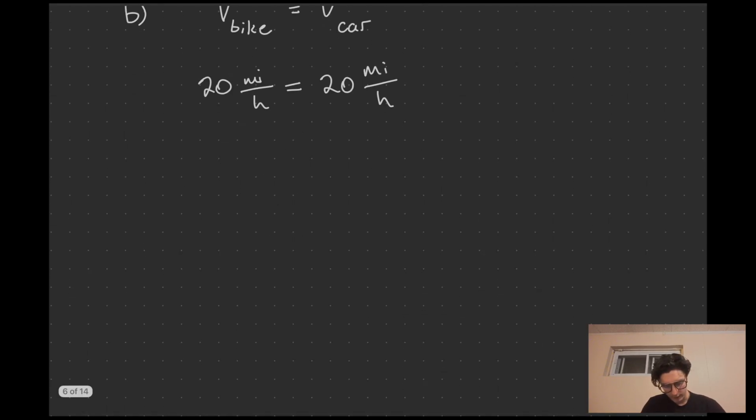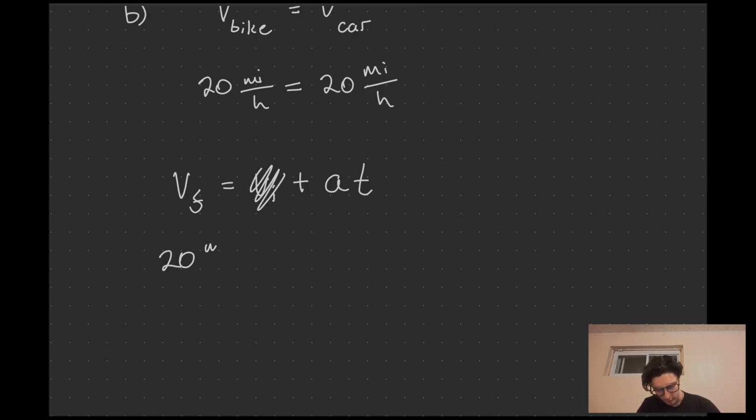So we know that one of the equations for particle under constant acceleration looks as follows. The final velocity is equal to the initial velocity plus the acceleration times time. We know that the initial velocity for the car is 0, so we can get rid of that. And we want to find at what moment in time does the car reach 20 miles per hour. So this equals the car's acceleration, which is 9 miles per hour per second, times time.